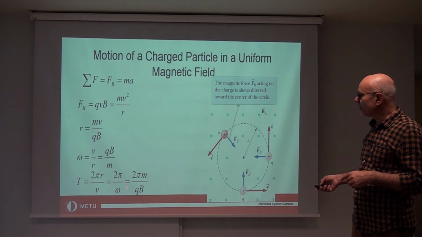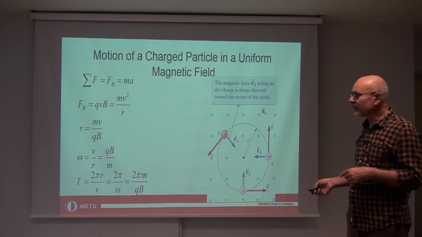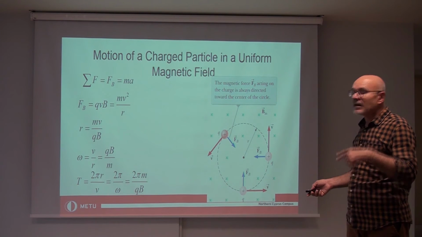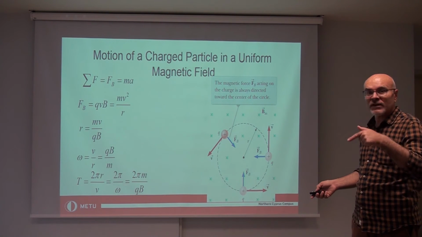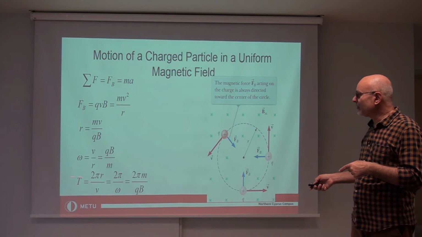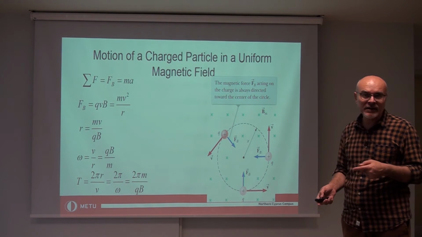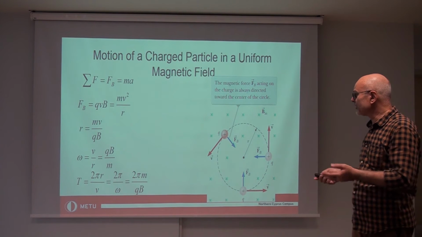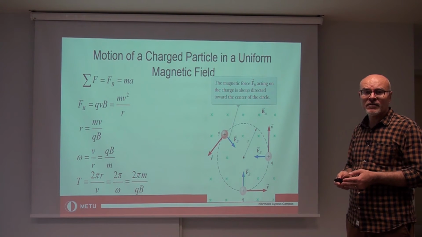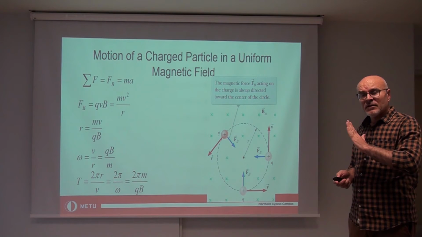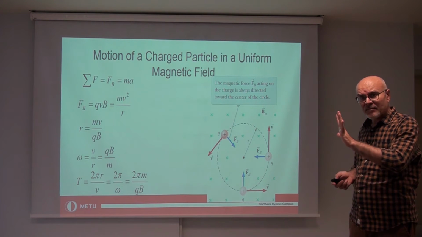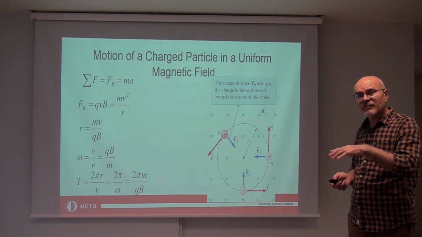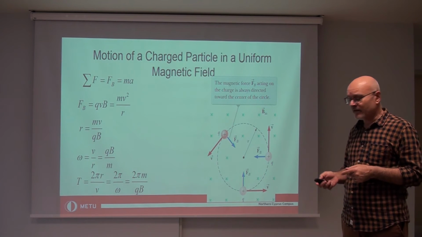Again, it's independent of the speed. The frequency, 1 over T, is just the inverse of this, so it's qB over 2 pi m. These are the quantities that we can derive for a particle moving in a plane perpendicular to a uniform magnetic field, and thus moving in a circle.